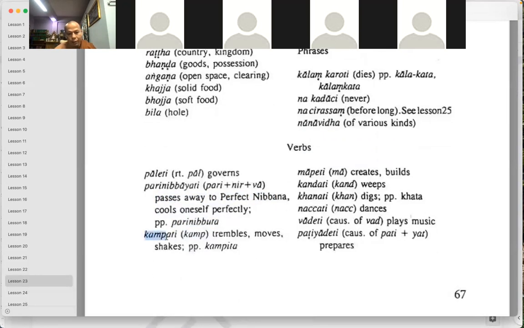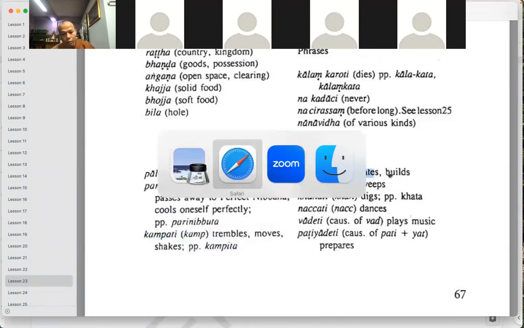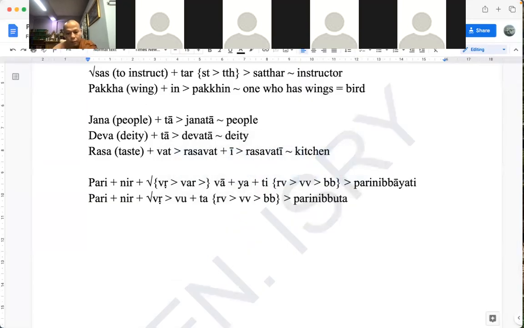And then kambati. So root is kambati. So tremble or moves or shakes. So kambita, that is from the base. And then mabiti is creates or builds. So actually ma, originally the meaning of the ma is to measure. But here, so causative sign, that is causative.